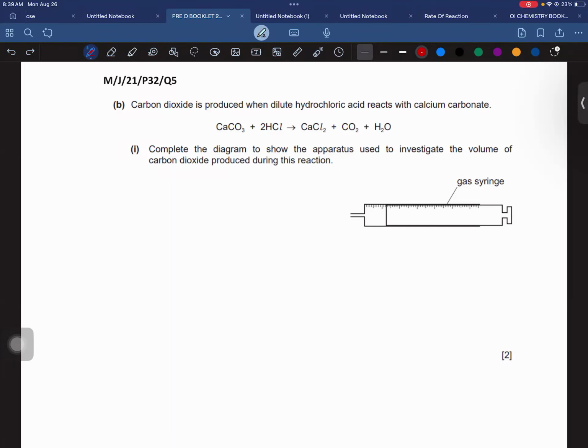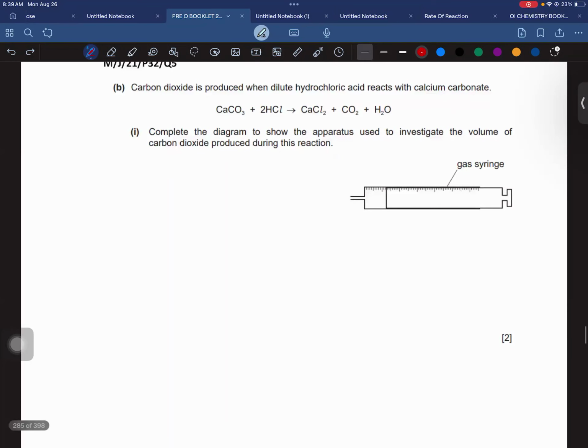Sir, it will be connected to a conical flask that has a cork on top of it. Okay, so see this, I'm going to draw this. This is connected with the conical flask.